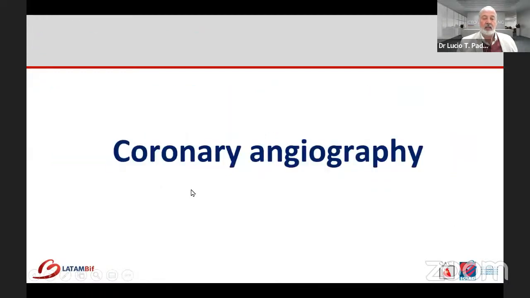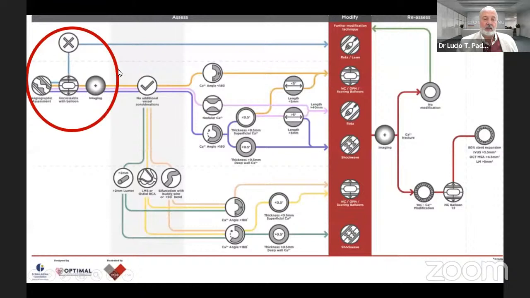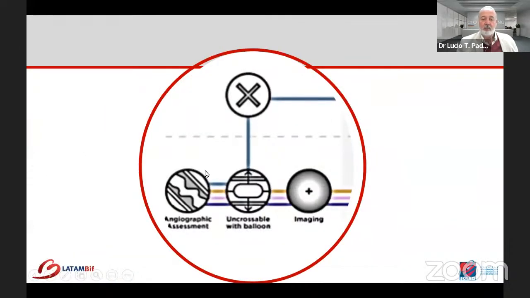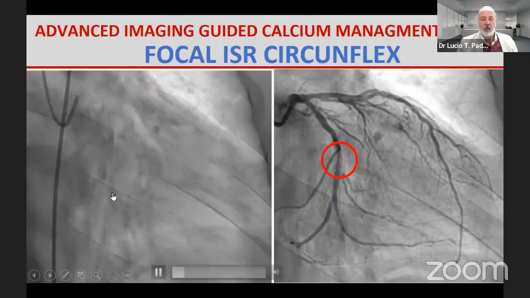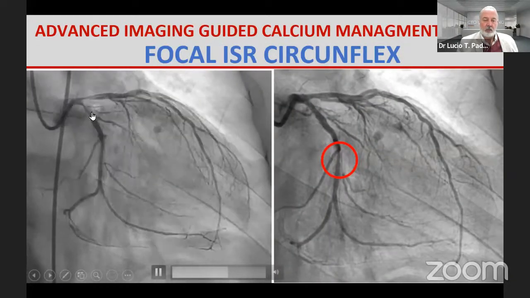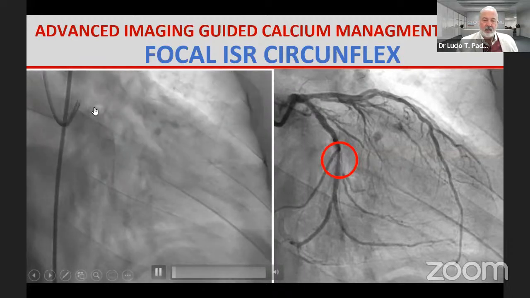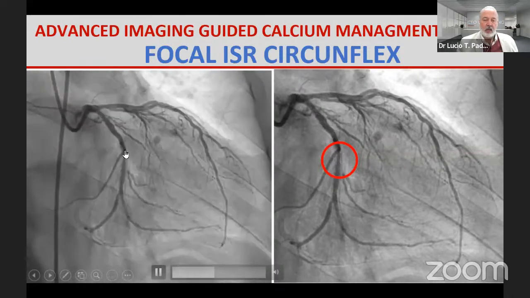So this is the coronary angiogram that we always try to show. It's very important to have not only the angio assessment, but to try to do imaging to know what is going on in all the restenosis. So here, this patient has a stent in the proximal.